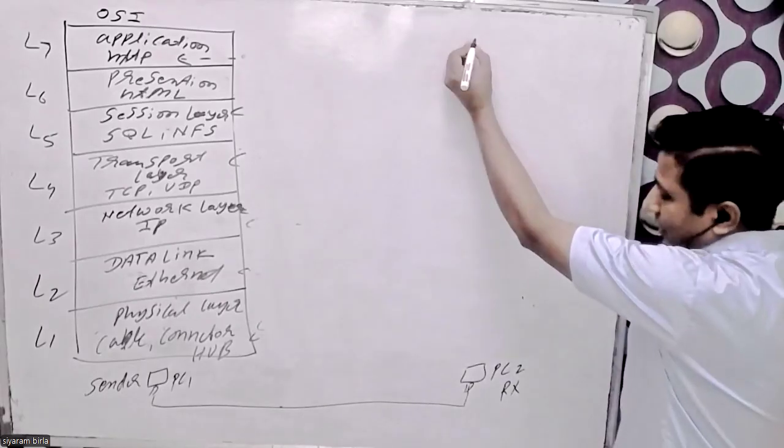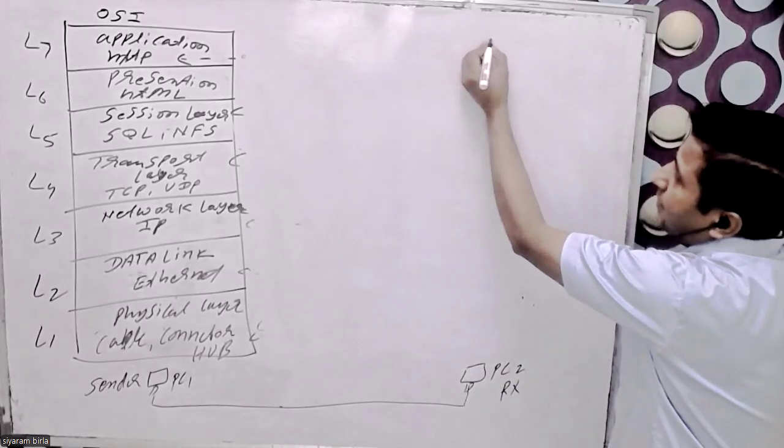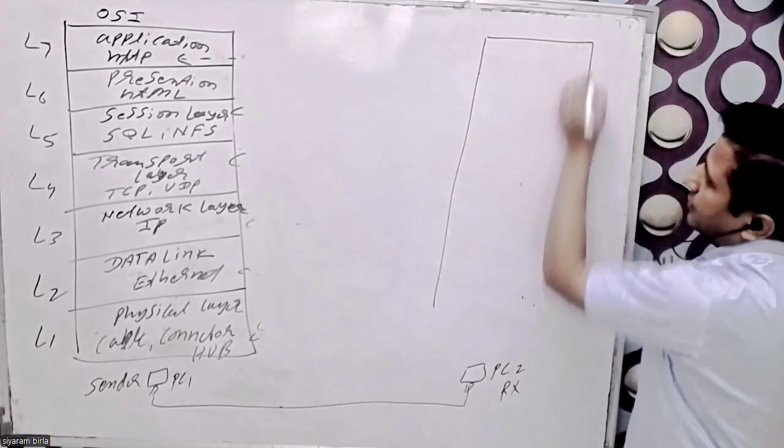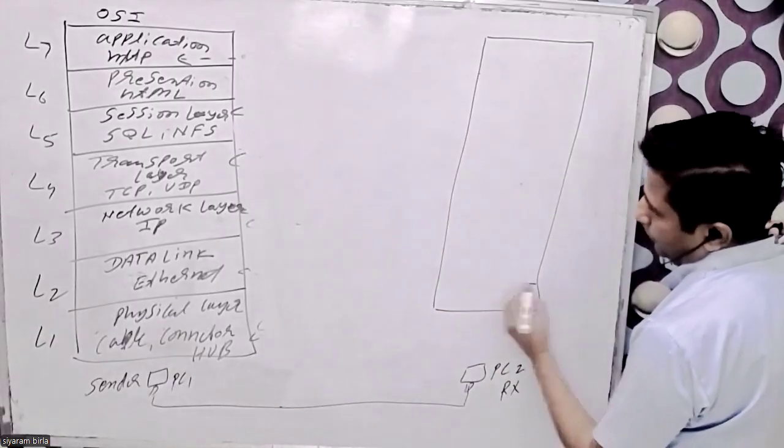Let me draw the same OSI model on the receiver side.